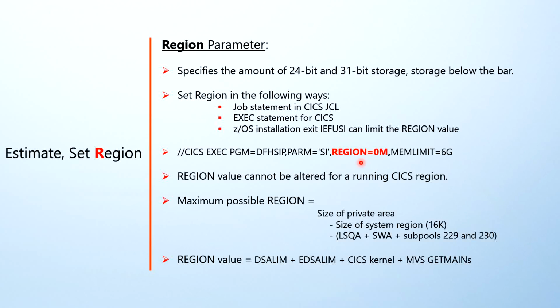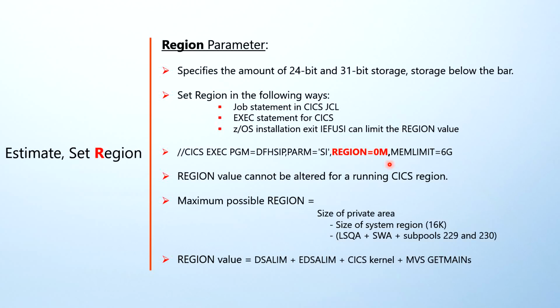Okay, and in a few customers, they do all this and put a value, and a few just take the easy path, that is you just mention 0 meg. So what happens when you mention REGION equal to 0 meg is whatever storage is available at that point when your region is trying to come up will be taken as the region value.